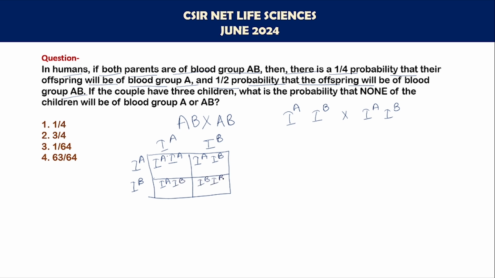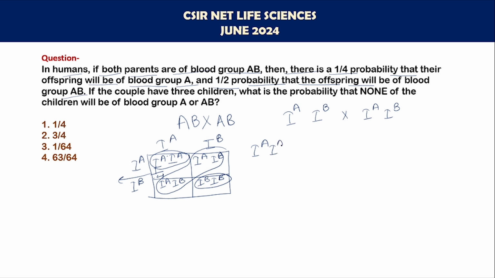Okay, now what we can see here, this is the A blood group and this is the B blood group and this is the AB blood group, right? So the probability of A blood group is 1 by 4. Let me write it over here.